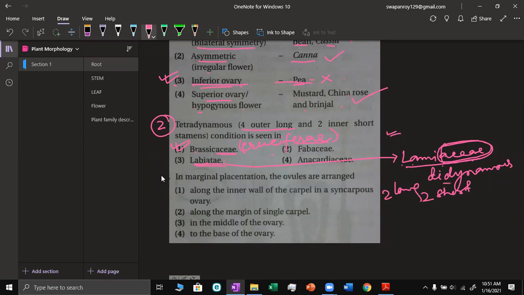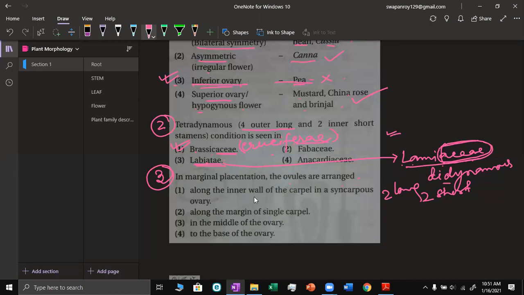The next one is marginal placentation. Where do we get it? In pea.